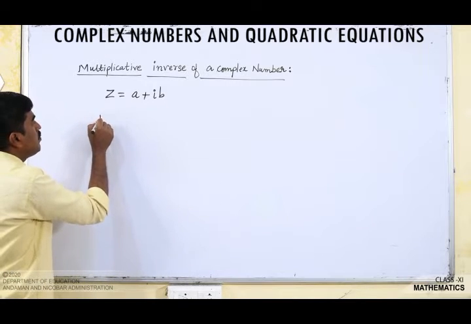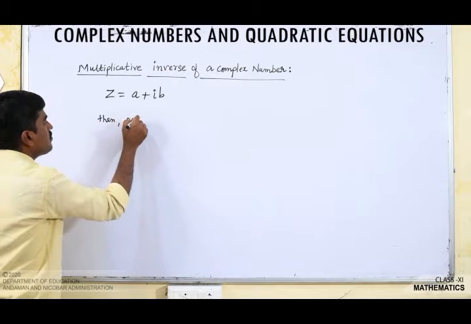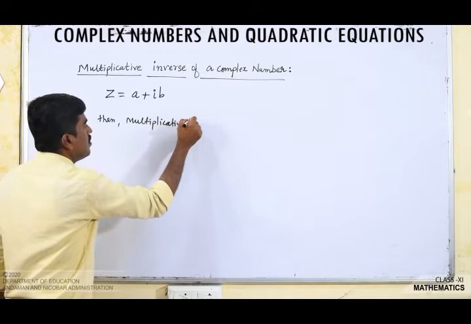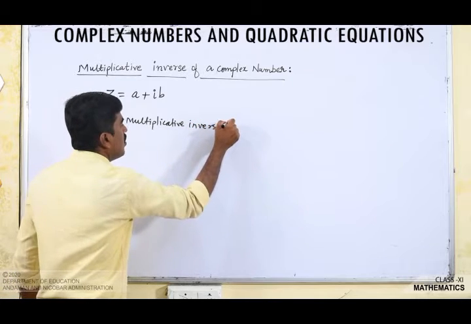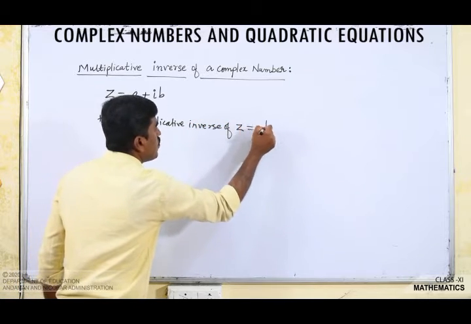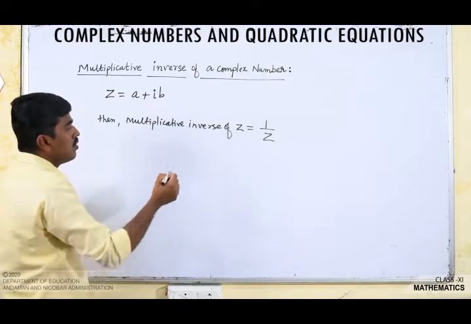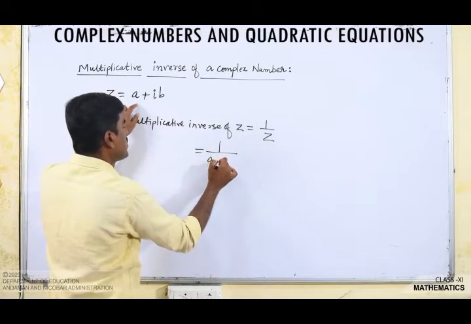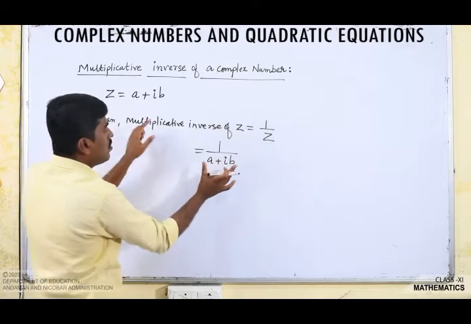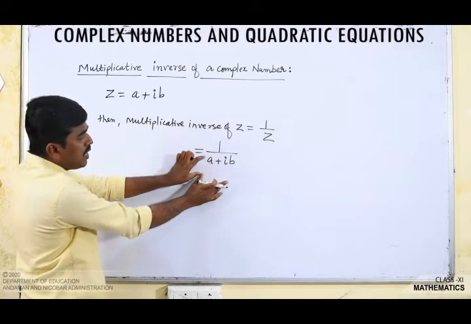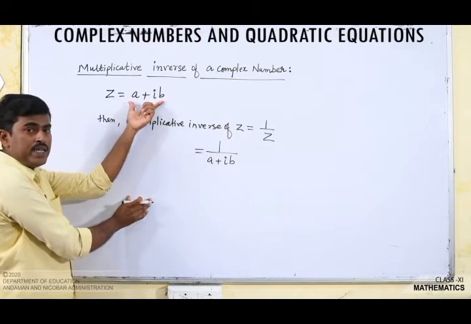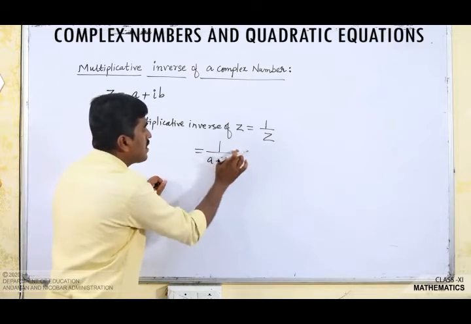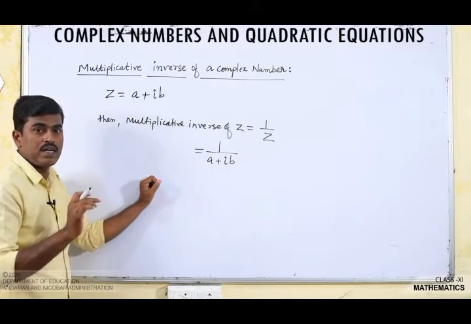To define the multiplicative inverse, the complex number should be non-zero. Then the multiplicative inverse of z is equal to 1 by z, that we know. That is 1 by a plus ib. So this complex number 1 by a plus ib is the multiplicative inverse of z is equal to a plus ib. But this complex number is not in the standard form.